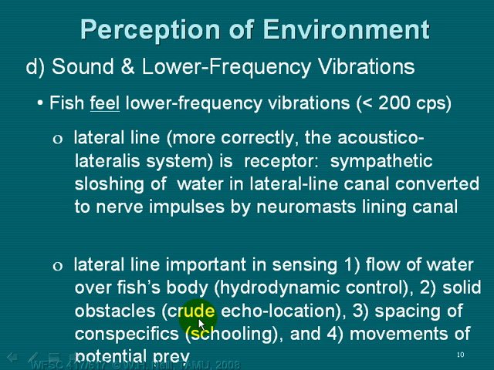Part of this flow of water and hydrodynamic control extends to optimizing relationships among individuals within a school of fish. And this is particularly important in obligate schoolers, ones that really are schooling fishes like herrings and tunas to a certain extent.